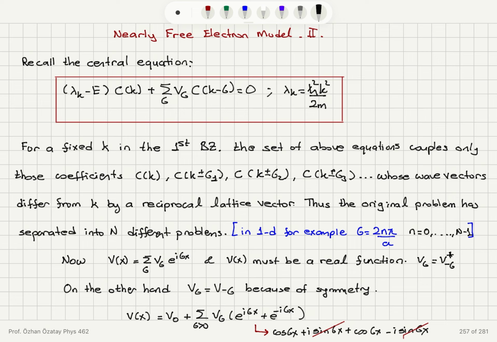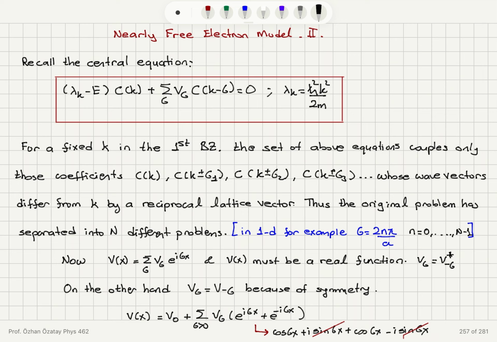And these g values are, for example, for one dimension 2n pi over a. So those are multiples of the shortest g value, g1, 2g1, 3g1, etc. And for each k value that we will pick in the first Brillouin zone, there are a total of capital N k values that we can pick.